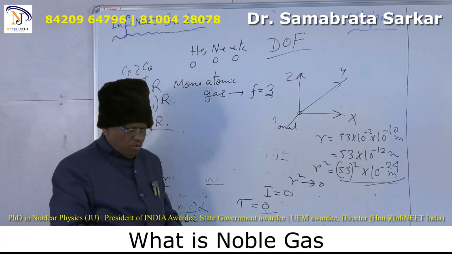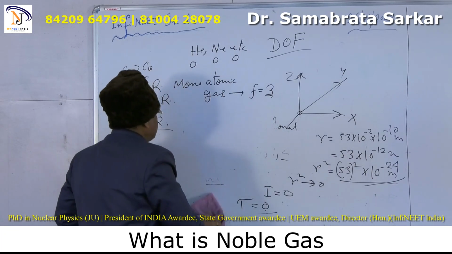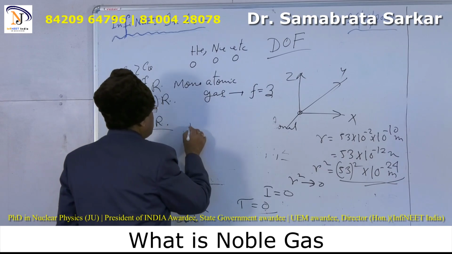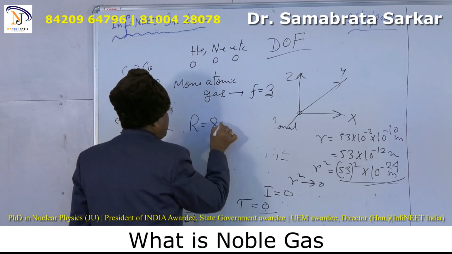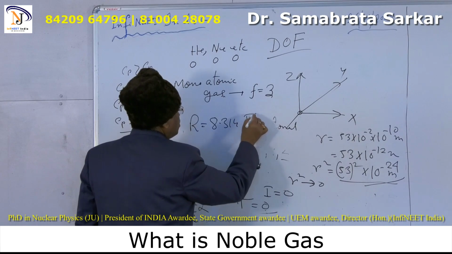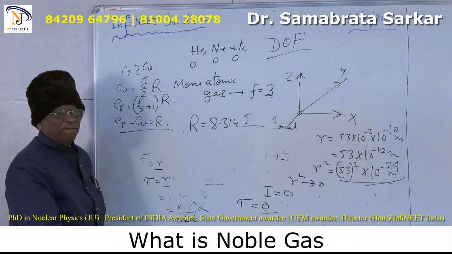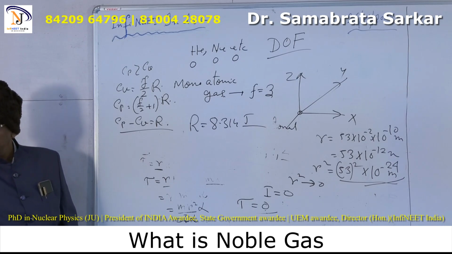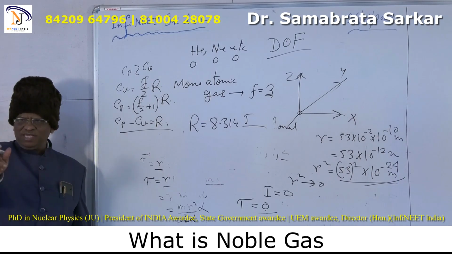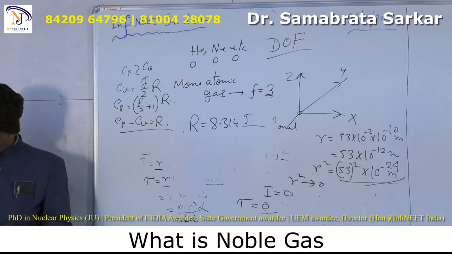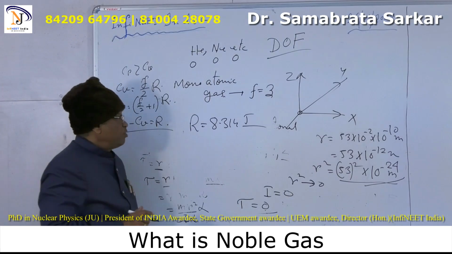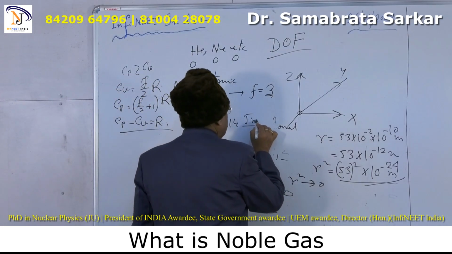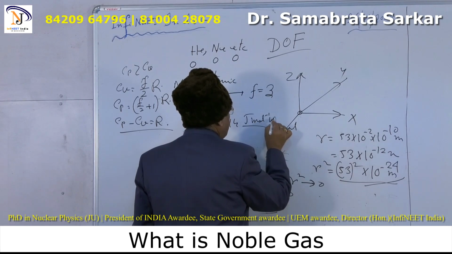No, madam, no. R equals 8.314 joule per mole to the power minus 1 and Kelvin to the power minus 1. Take a note, you write. Mole to the power minus 1, K to the power minus 1.